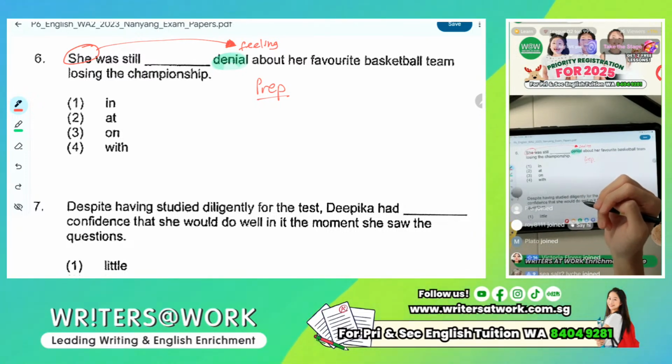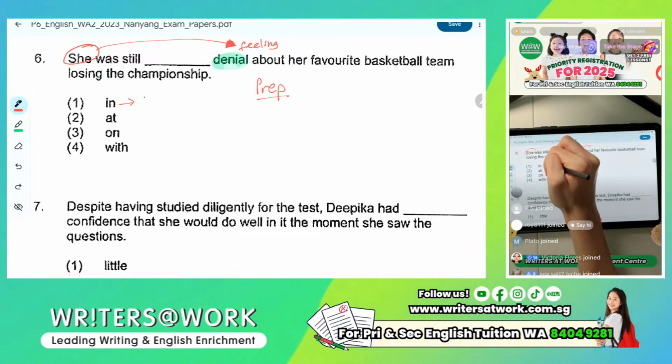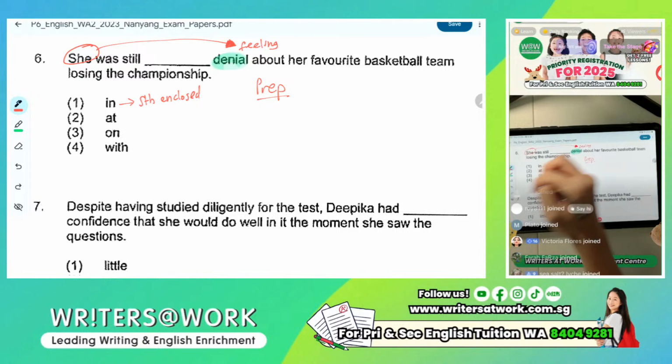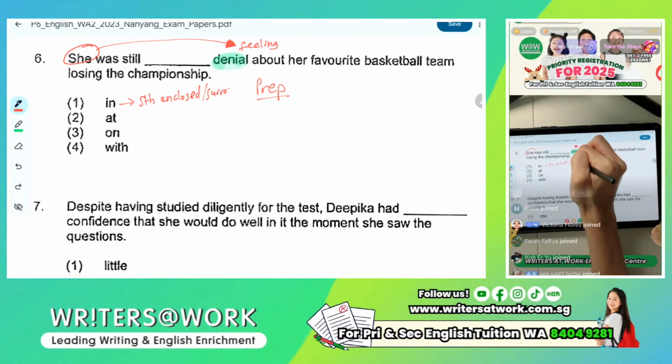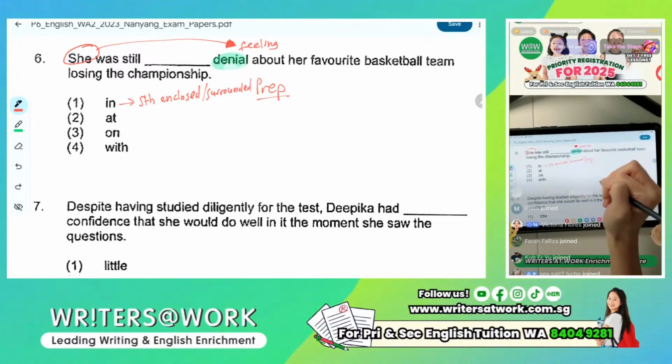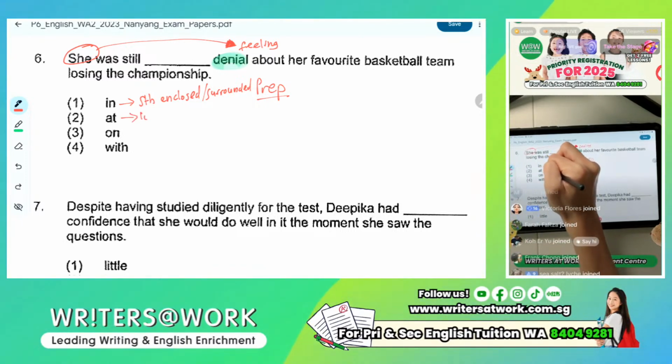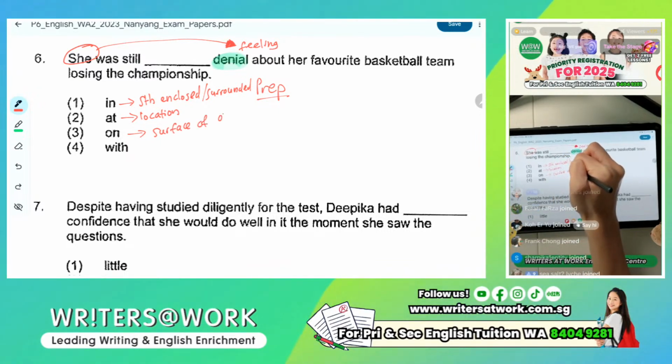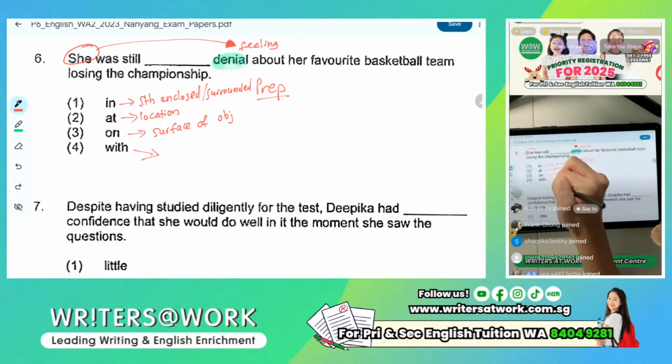So looking at our options, in tells me something is enclosed or surrounded. At shows location. On shows the surface of an object. While with shows something is complementary.